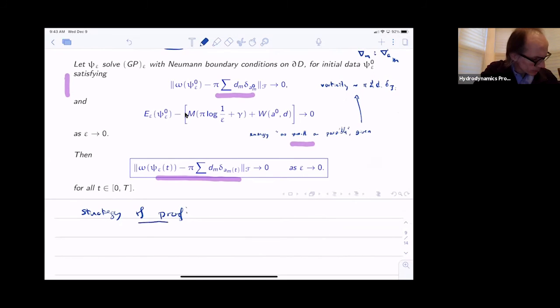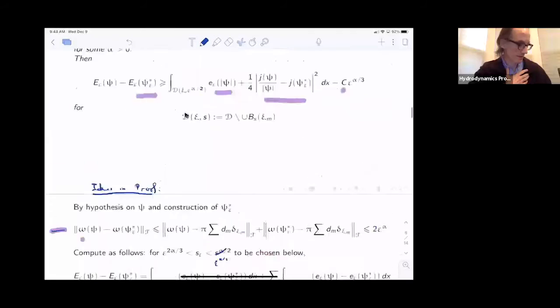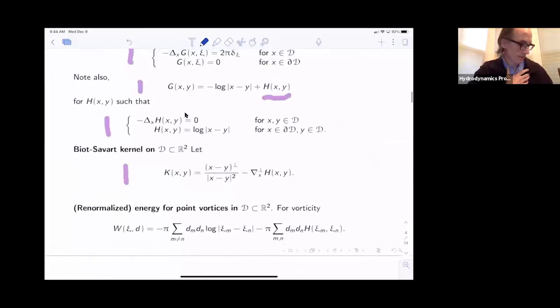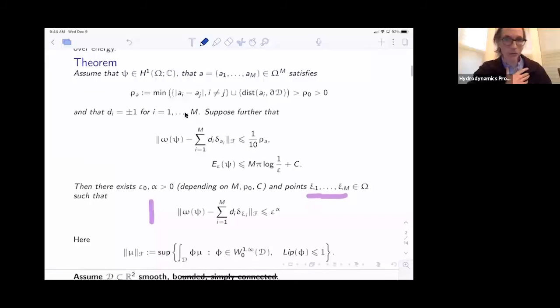Well, let's look back at what we know. So the first thing we know is this. Let's imagine for my initial data for the theorem, I have some condition like this satisfied, but the right hand side is tiny, going to 0.